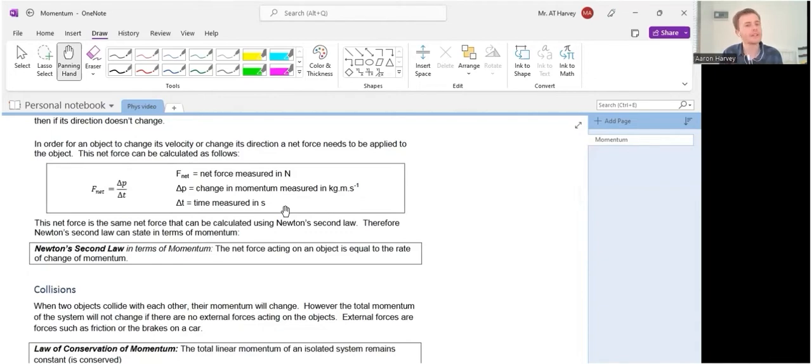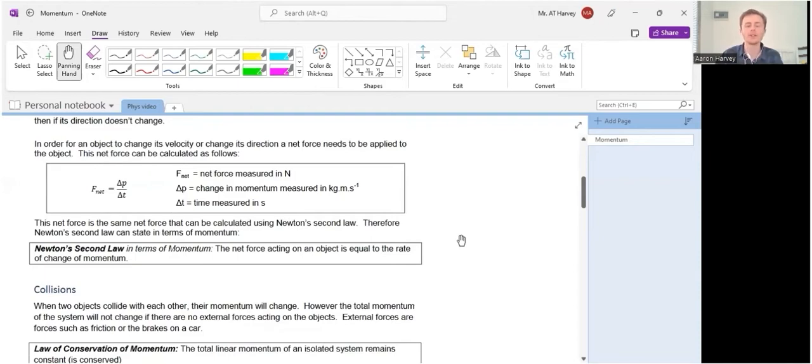Because unfortunately, sometimes questions will trick you and say the change in time was in milliseconds or was in kiloseconds. And you need to be able to understand and remember that you actually need to convert that unit or that value into the correct unit.